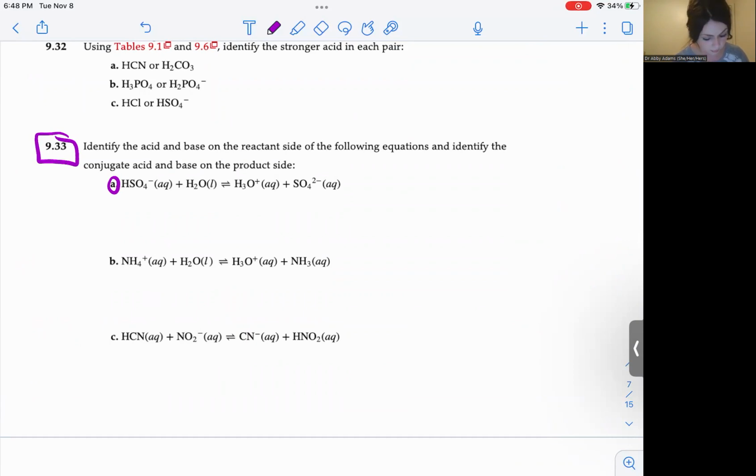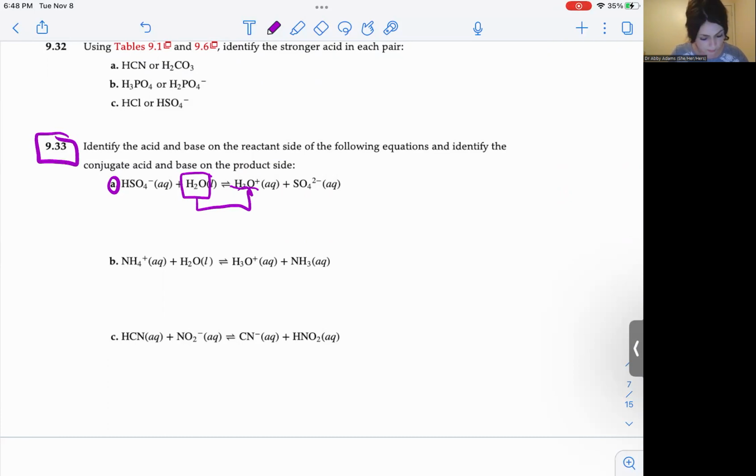So I like to do water first. So let's look at water. So we have water, and look, we have a hydronium ion on this side. So if we have a hydronium ion, then it seems to be that the water is accepting a proton, right?